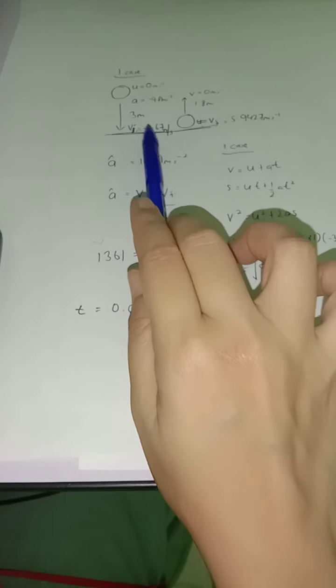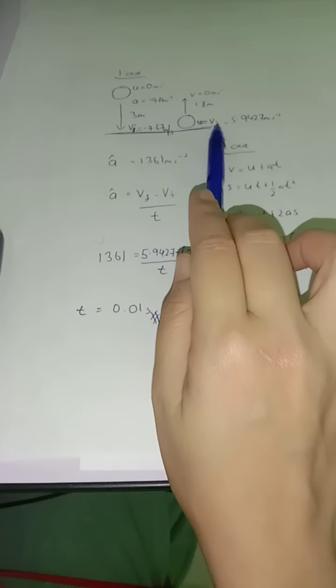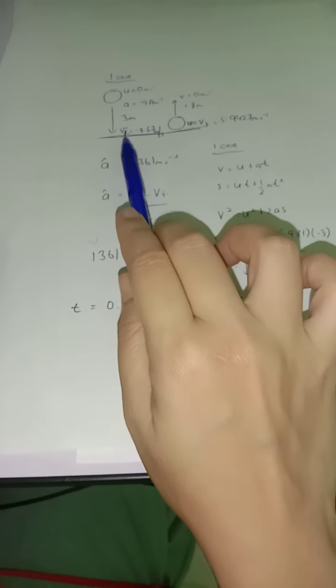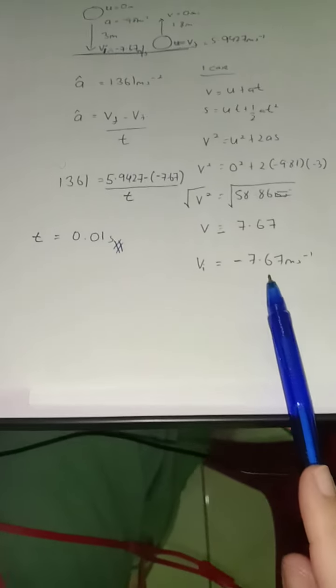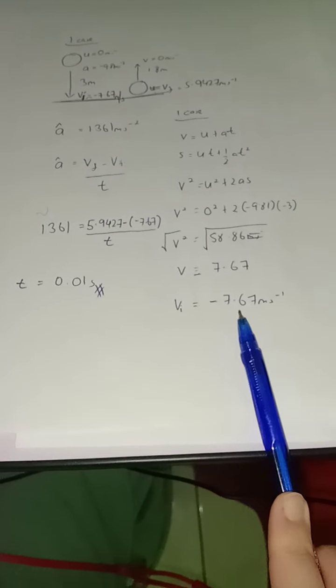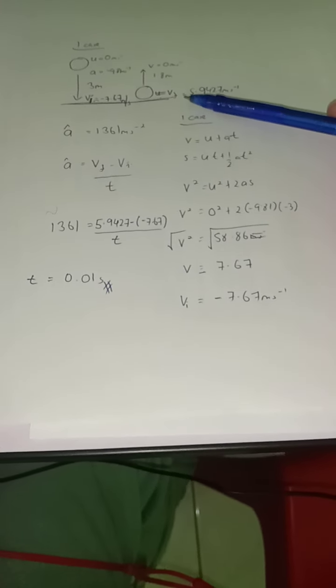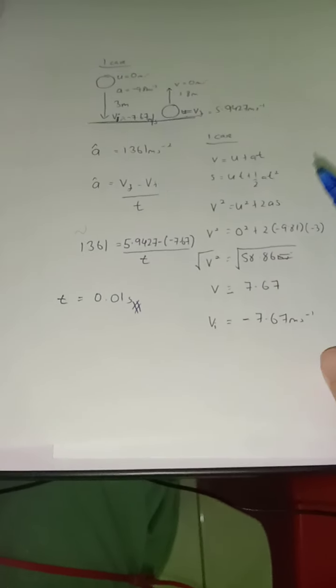This is your V initial and this is your V final. In the first case, you find the V initial, which is the final velocity of the first case. Then you find the V final.